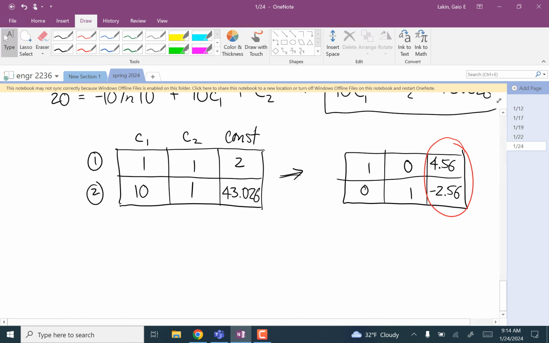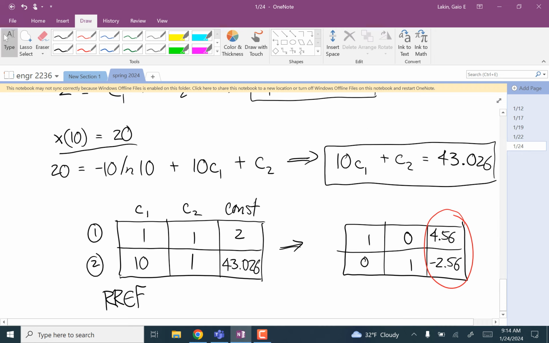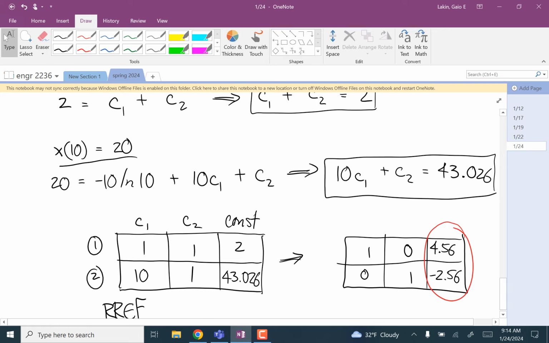So that's reduced row echelon form. It's not that useful for systems of two equations and two variables, but it's very useful if you're trying to solve 10 equations for 10 variables or 20 equations for 20 variables. So I'll talk about that more when we start using it a lot.